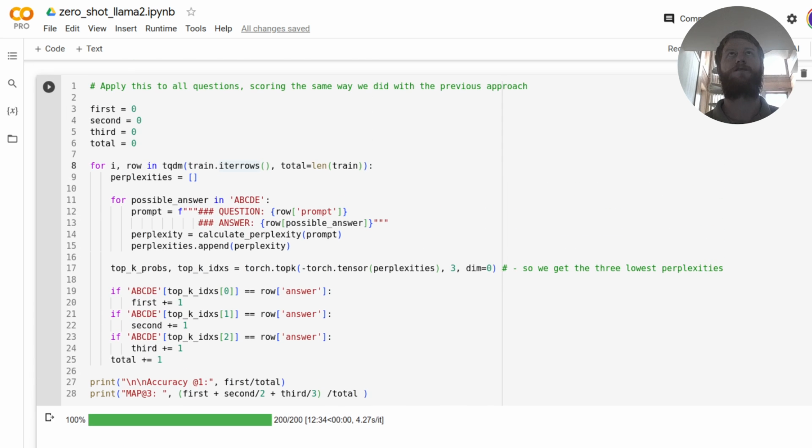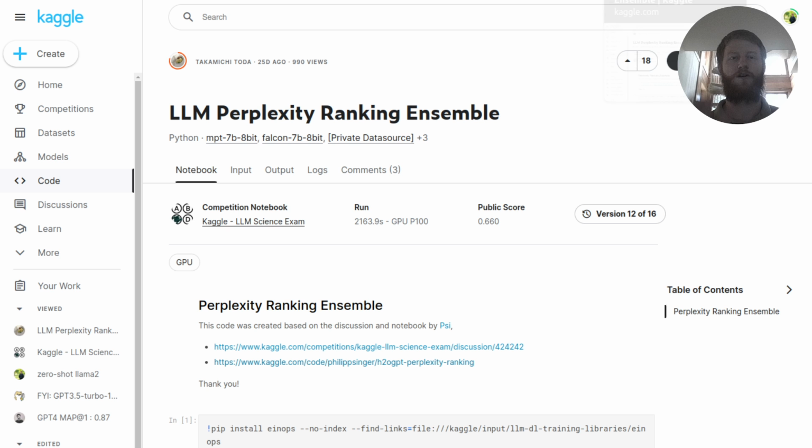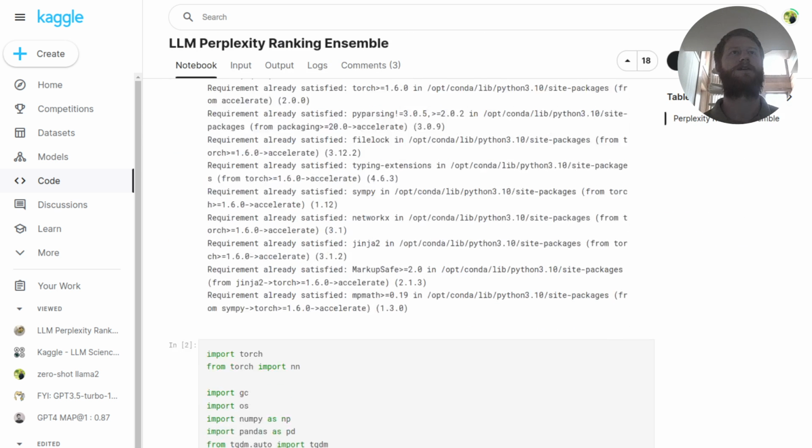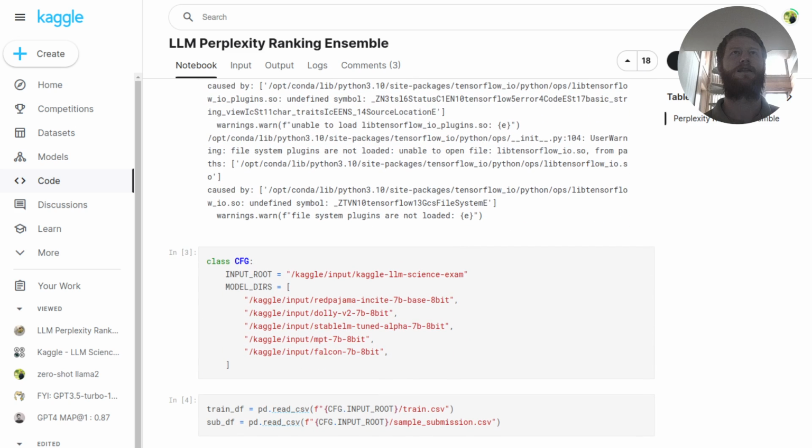Now, this is not an approach I came up with. Other people on the leaderboard have tried this, so I would say go and check out their notebooks, don't use mine. I'll share the code just for reference. But if you go and check the discussions, you'll find things like this notebook, which is the original one that introduced the idea, and then this one here, this ranking, where they tried many different models with this approach, right? So in this case, they're trying Red Pajama, Dolly, Stable Language Model, MPT, and Falcon.